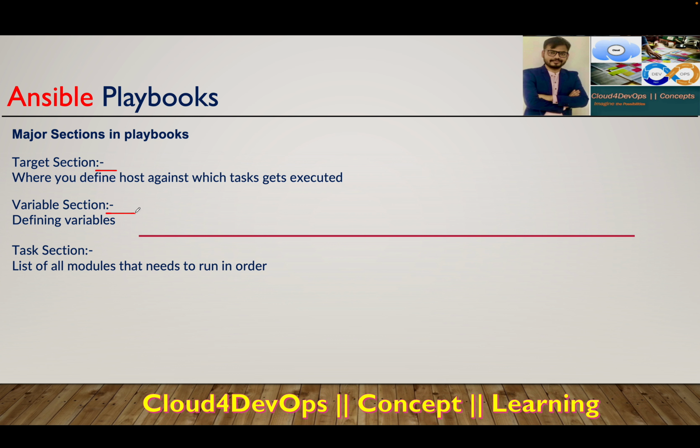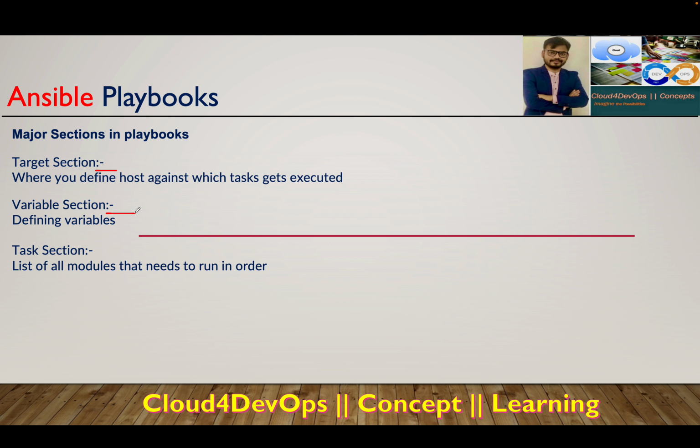Then we have a variable section. A variable is very important because to make things modular, you have to define a variable. As an example, let's say you have to install httpd on hundreds of servers, then you can just write yum install httpd, right? It will install everything related to Apache on all the managed nodes. But what if I don't want to install httpd? Today I have installed httpd, but tomorrow I want to remove that and install some other web server, as an example, right?